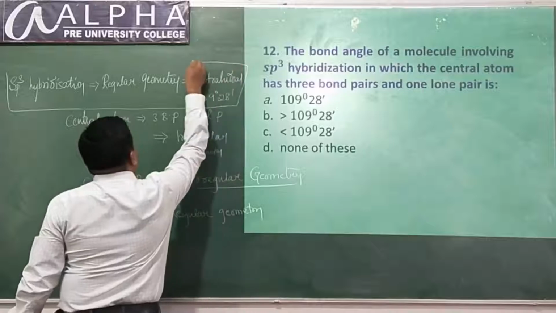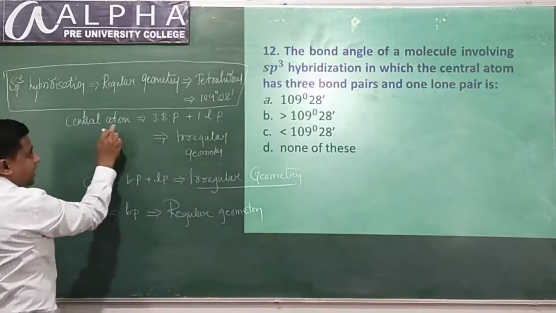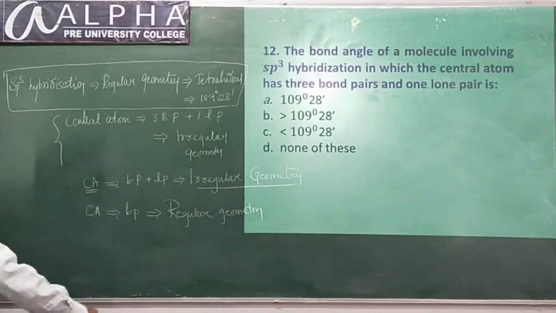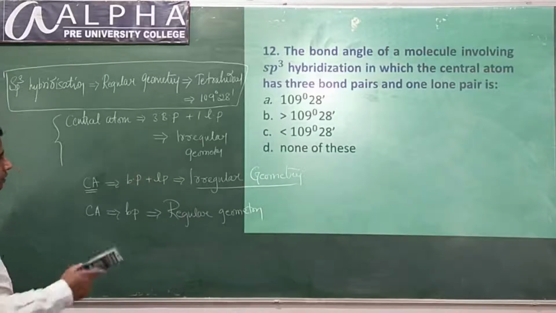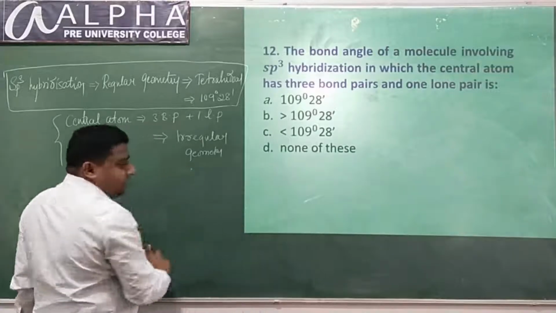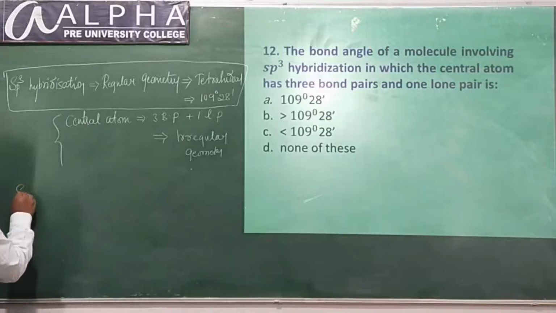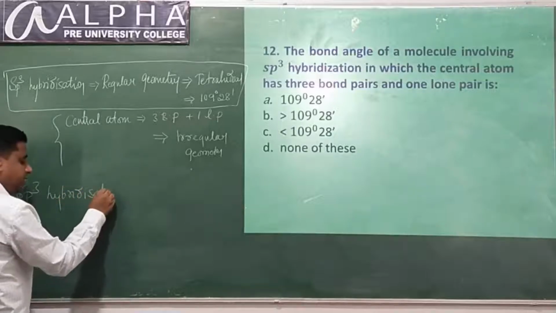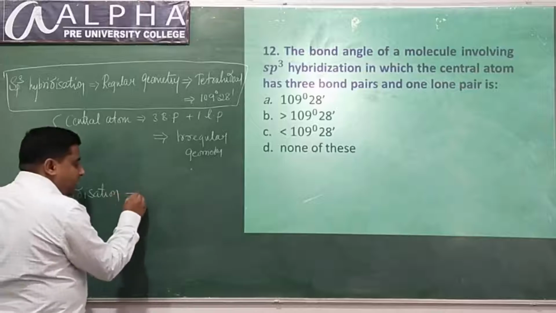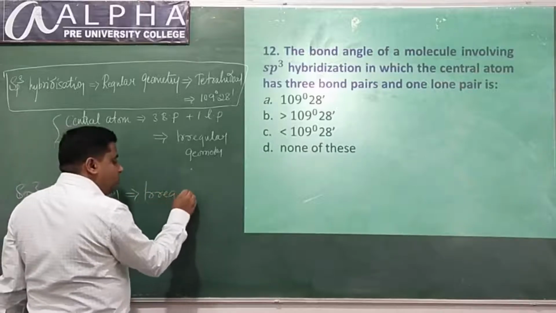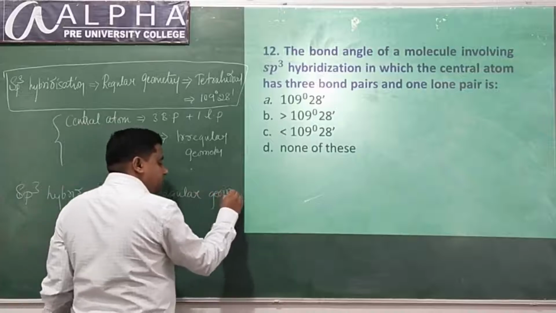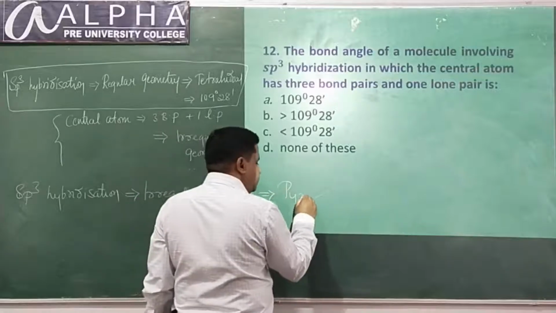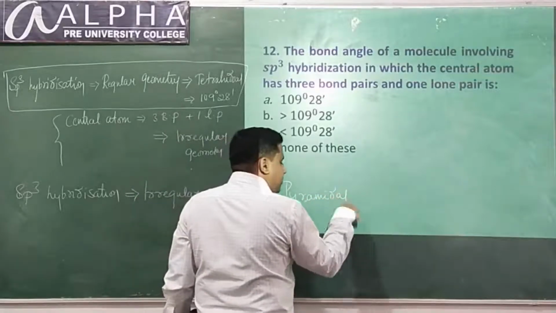But the given geometry is irregular geometry. Look here, the central atom has 3 bond pairs and 1 lone pair. Please note this point. If sp3 hybridization is for irregular geometry, then the structure is going to be pyramidal.